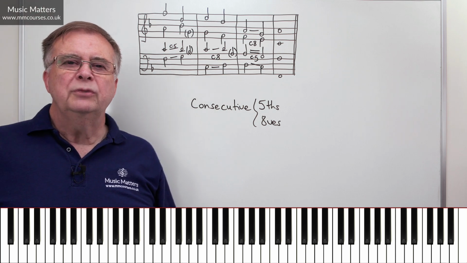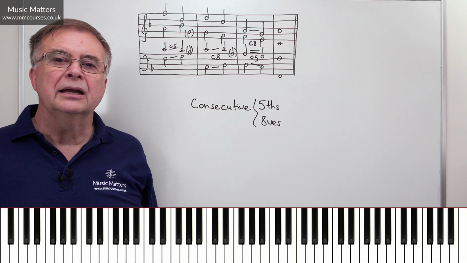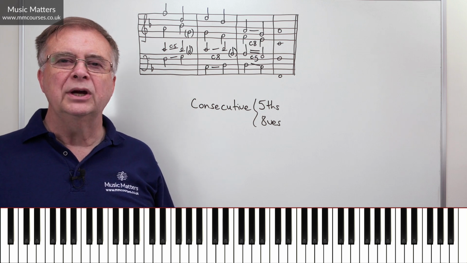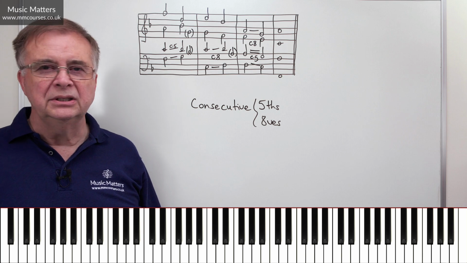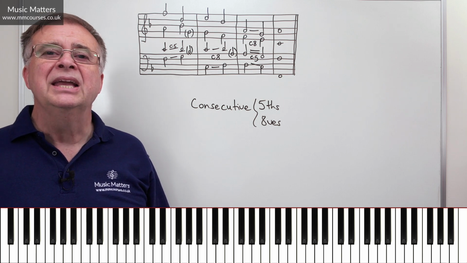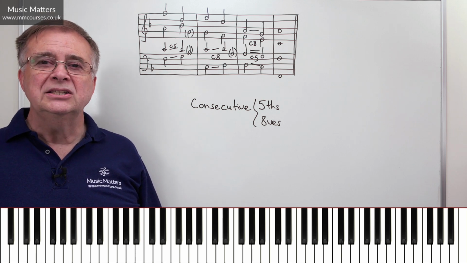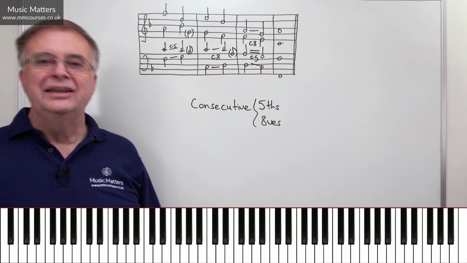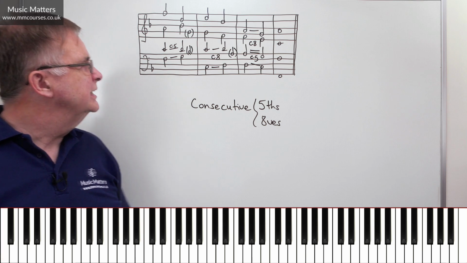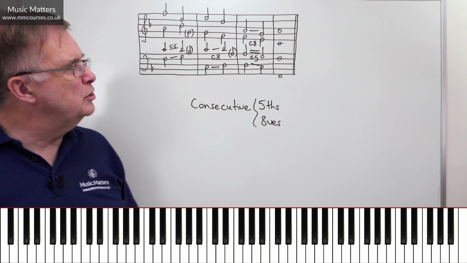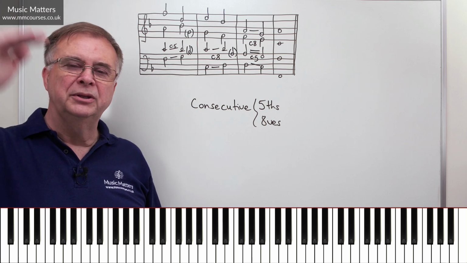Now, how do you avoid these things? Because some people get completely tied in knots when they're writing a piece of harmony and they get paralyzed. They can't write the next note because there's just another consecutive. Well, in a way, the best thing is to get writing and then go back and check it afterwards. But just to help while you're writing, see how much contramotion you can get between the top and the bottom part.